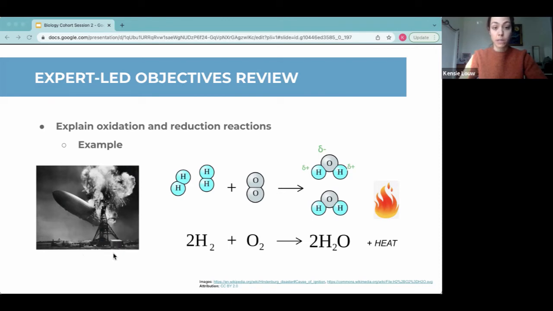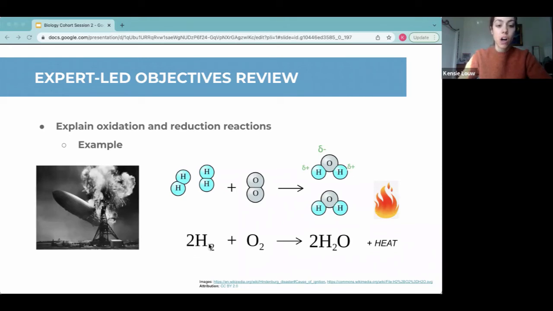The Hindenburg was a big blimp filled with hydrogen gas to make it float and could transport people through the air. But the problem with the Hindenburg was that when hydrogen gas is in the presence of oxygen in the air, and then if there's a spark, a little bit of energy added to the system, then an explosion happens. And that's what happened. So let's talk about what happened in this chemical reaction at a molecular level.